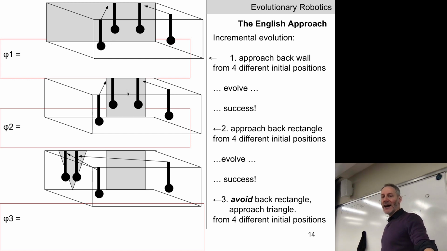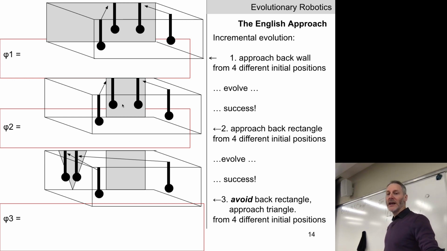Then, once they got that, they continued evolving this population of length 23 vectors, but now they changed the fitness function so that every time they set the initial position of the gantry robot, they placed a black rectangle either at the back left of the table or at the back right of the table. And the robot had to drive to the rectangle. Not that difficult, a little bit more difficult.